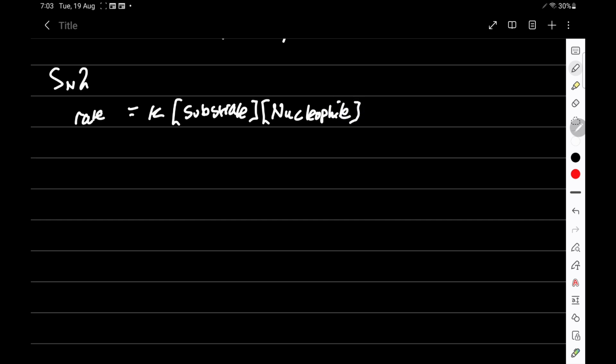Now, bearing in mind that these are the only 2 compounds that are present in our reaction mixture, this points towards this occurring in a single step.